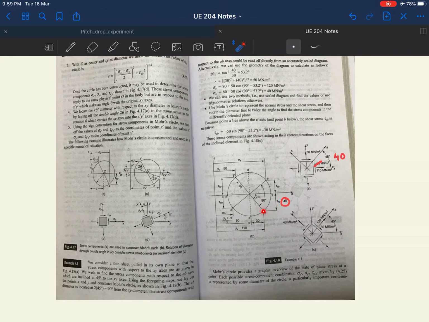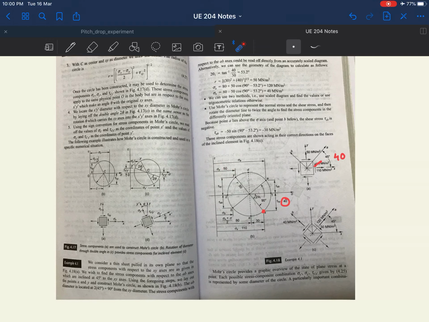So you have been able to locate this point, and similarly if you go to this side, you will see that you have hit a value that should be at 50. Sigma y, they already found as 50.